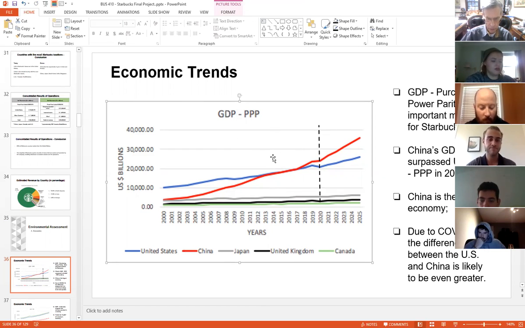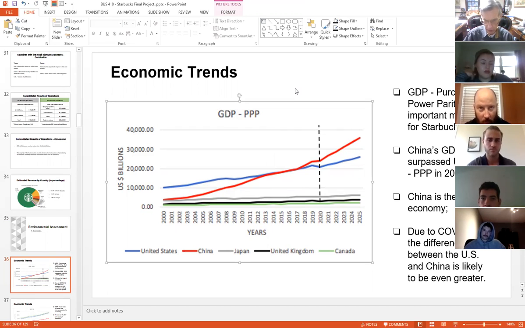Now, because we've seen these charts before in other presentations, don't feel that you have to explain them in great detail. But I think the bottom line for a chart like this is that if you're not developing business in China, you're probably missing out on the growth potential of the industry.